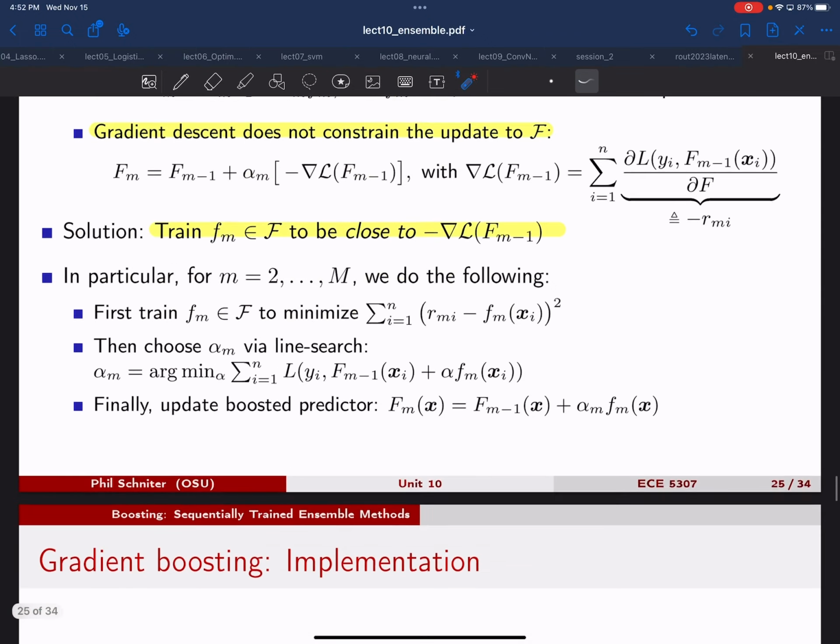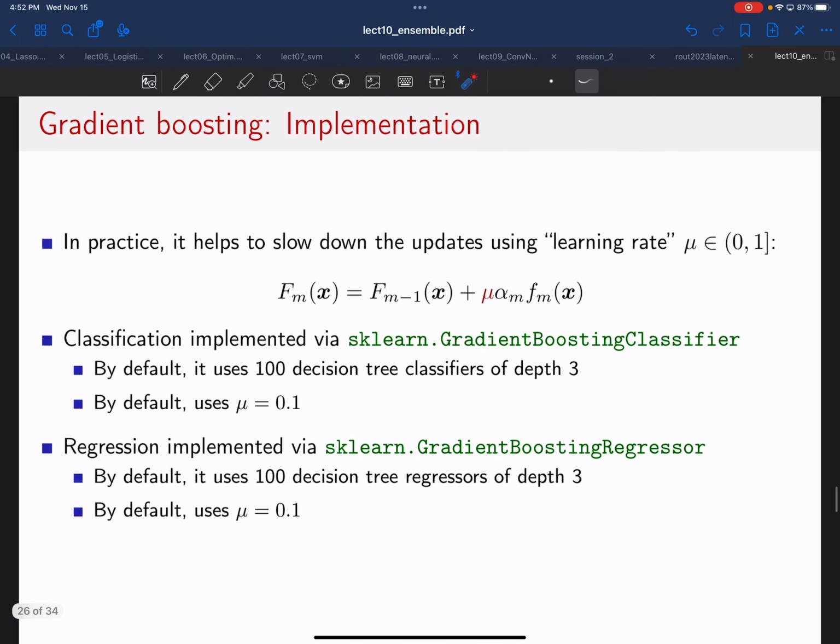All right, so just a few implementation details then. In practice, it helps to slow down the updates. So even after you do this optimization of alpha and F, typically you put in some mu that's between 0 and 1. I think you can read theory about why this helps and so on.